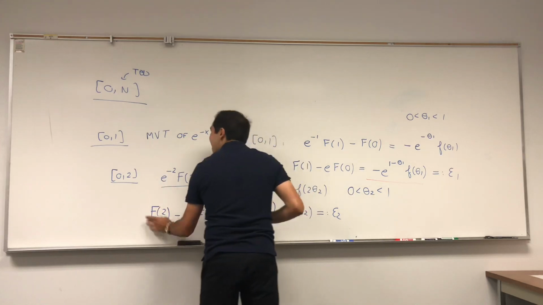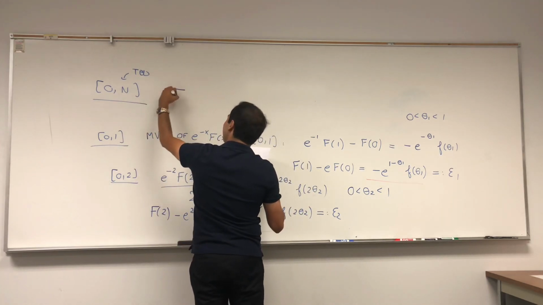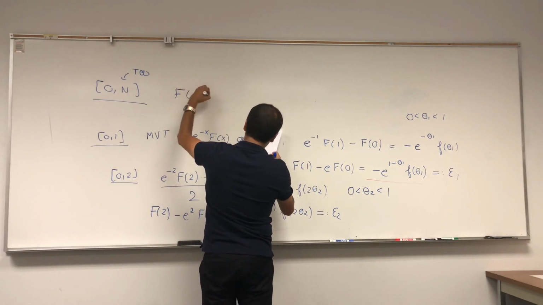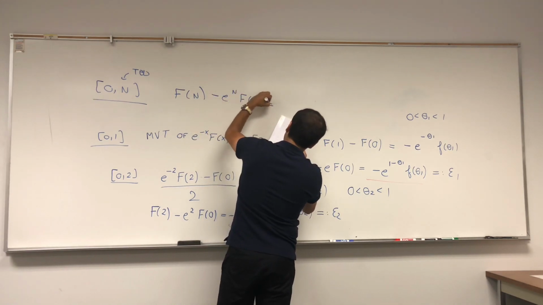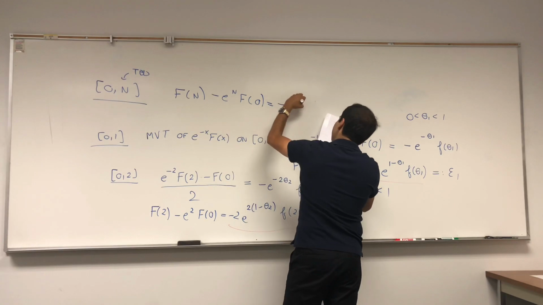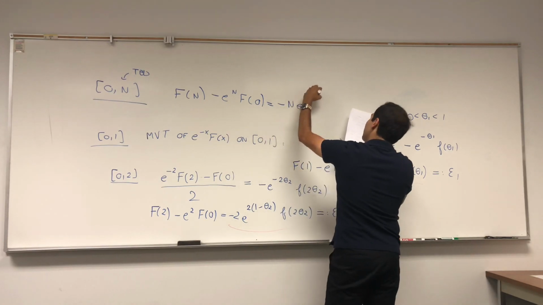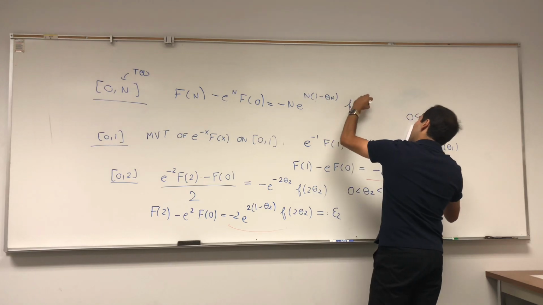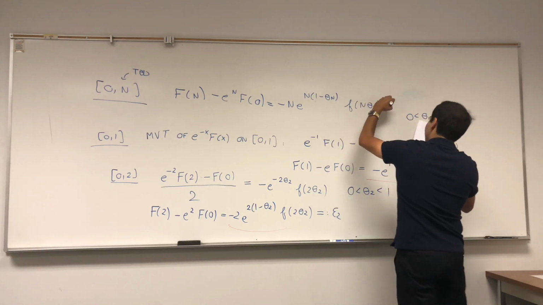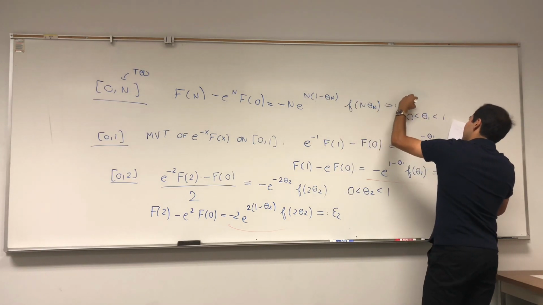Okay, so on the interval 0, n, you get f of n minus e to the n f of 0 equals minus n e to the n times 1 minus theta n f of n theta n. And let's call that epsilon n.